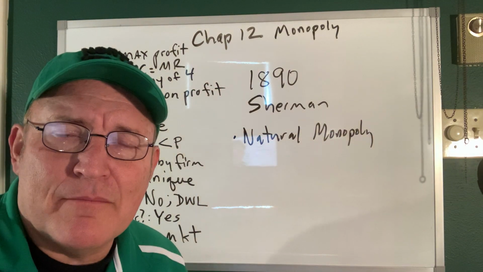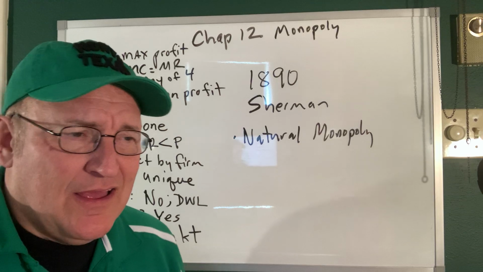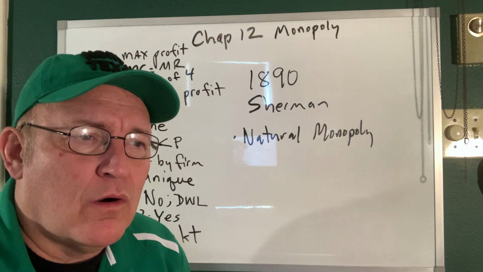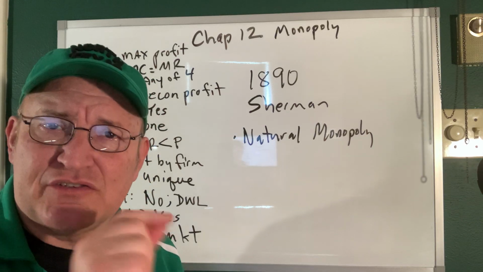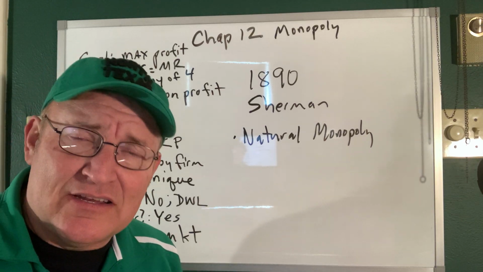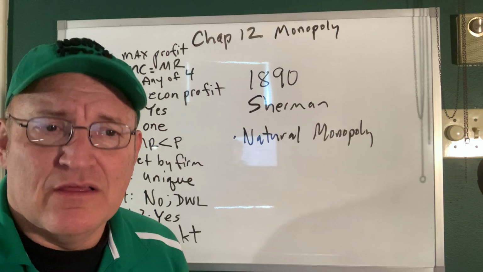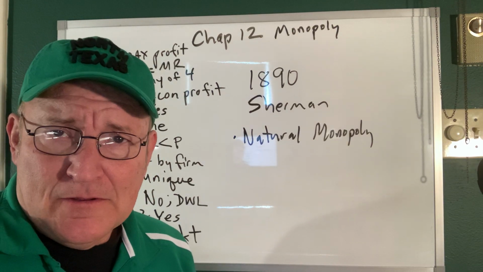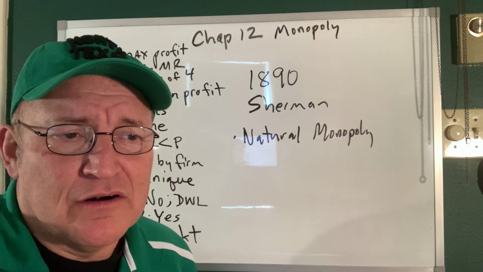In the case of a natural monopoly, if either you own a key resource or if society is best served by a single entity managing a key resource, then the government will allow for a natural monopoly to occur. A good example are utilities, right?